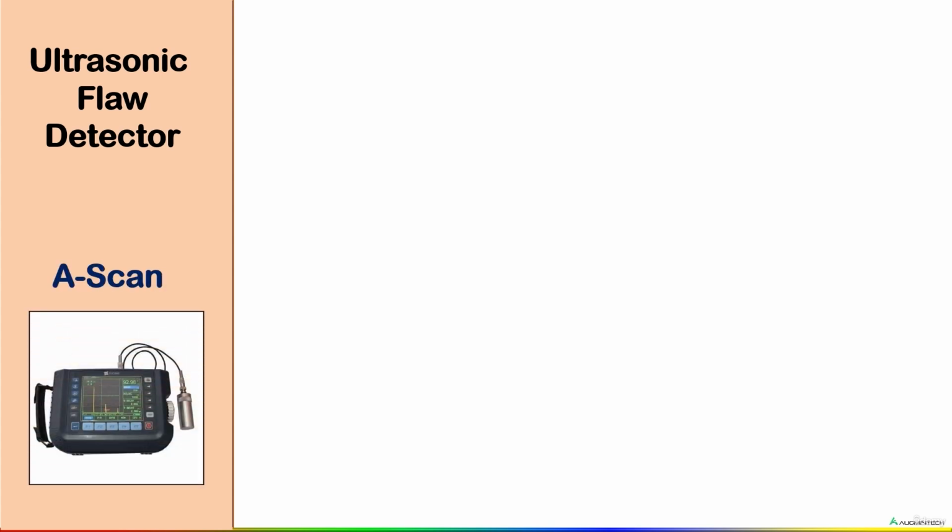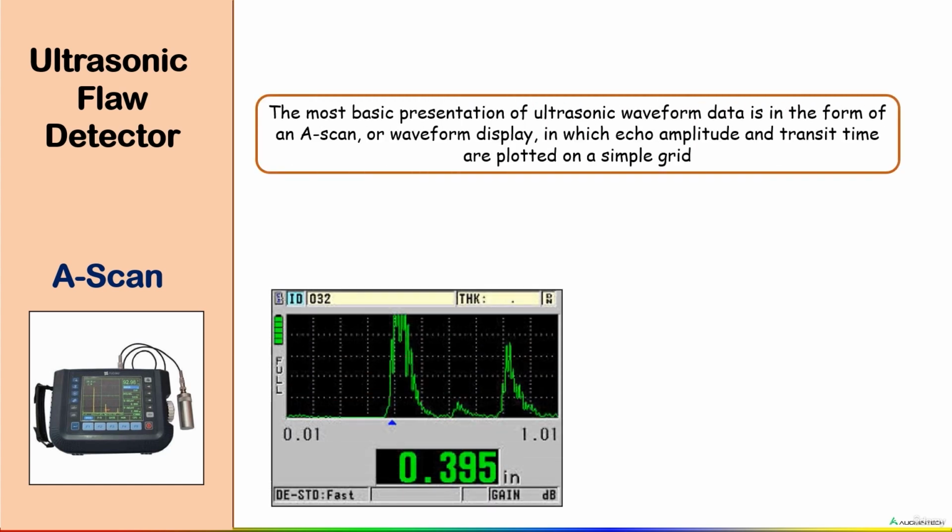A scan stands for Amplitude Mode Display. The most basic presentation of ultrasonic waveform data is in the form of an A scan or waveform display, in which echo amplitude and transit time are plotted on a small grid.